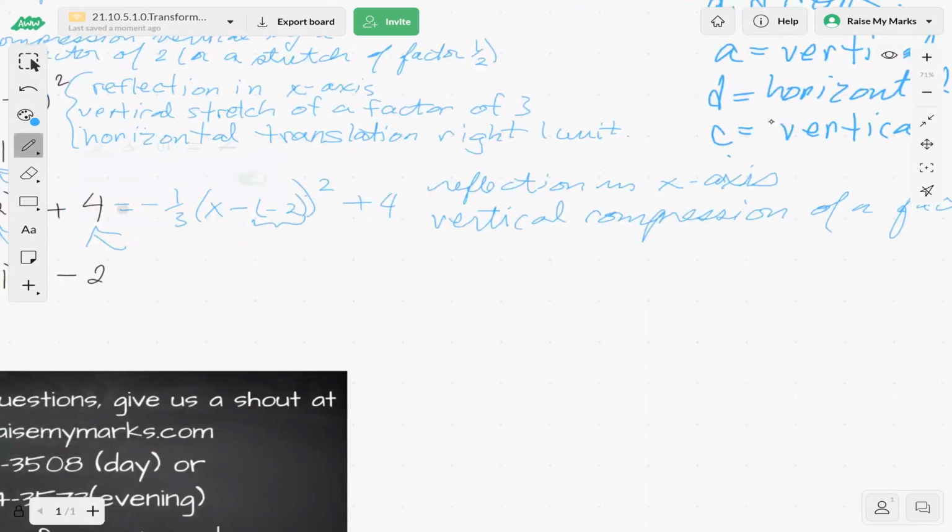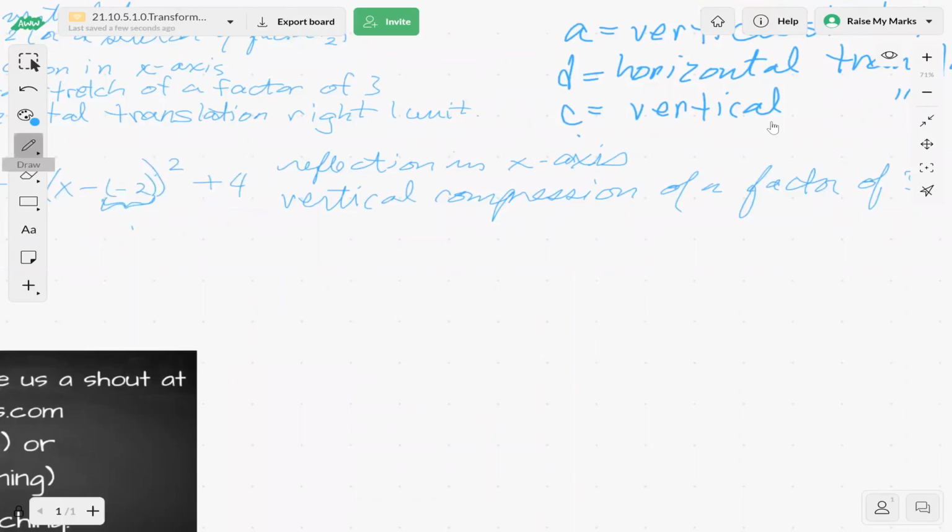The negative 2 is a horizontal translation to the left 2 units.